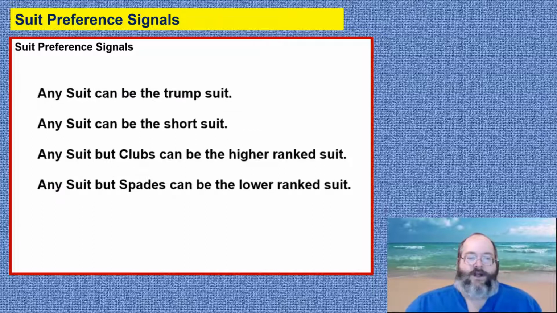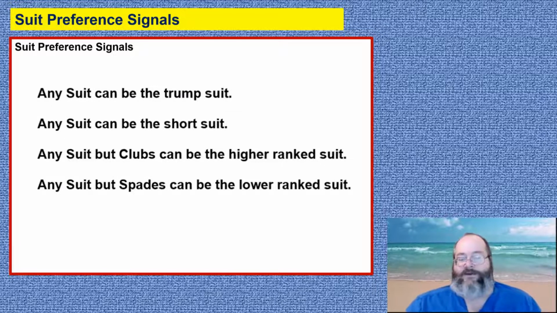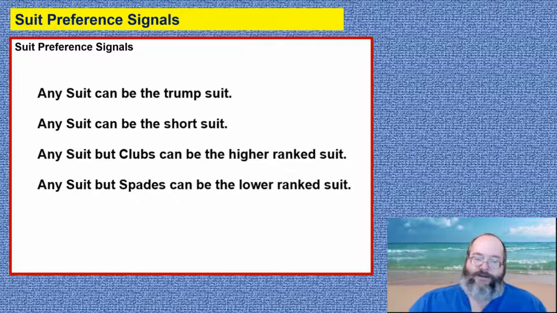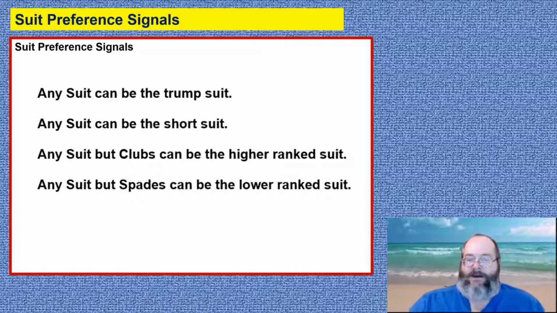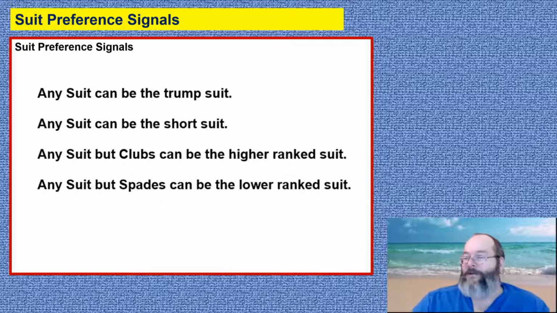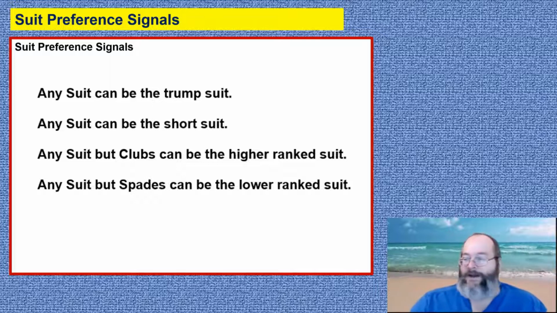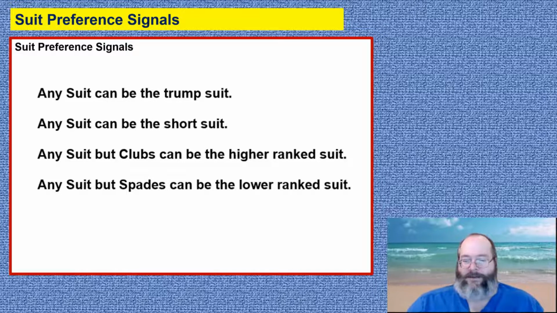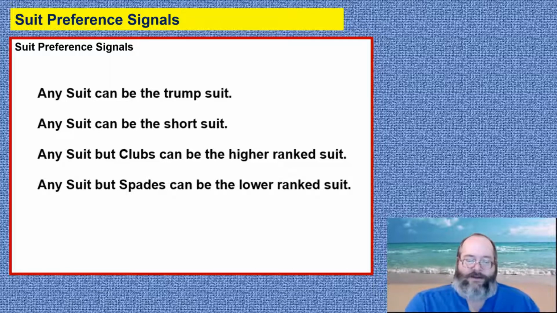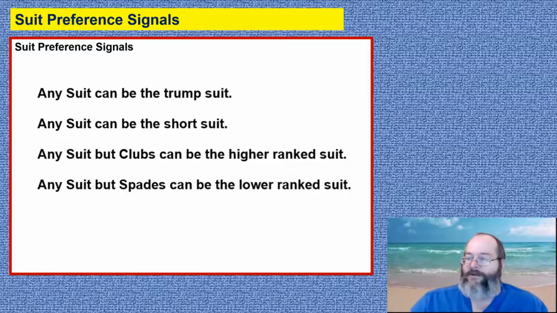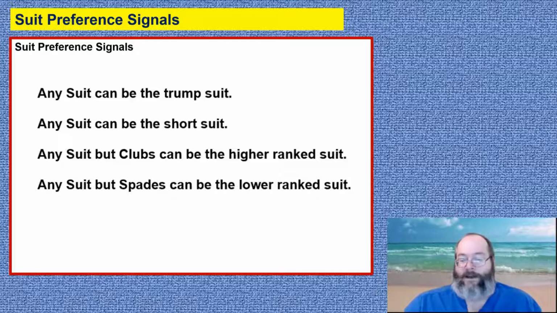And just a couple of observations. Obviously, any suit can be the trump suit, and any suit can be the short suit that you're leading to ruff. You will find that clubs cannot be the higher ranking suit, but it could be diamonds, it could be hearts, it could be spades. And you'll find that spades can't ever be the lowest ranking suit, because it can be clubs, diamonds, or hearts, but the lower one cannot be spades.